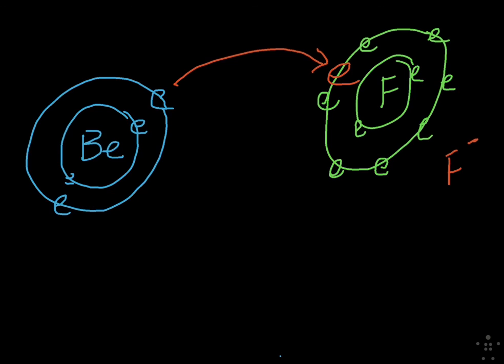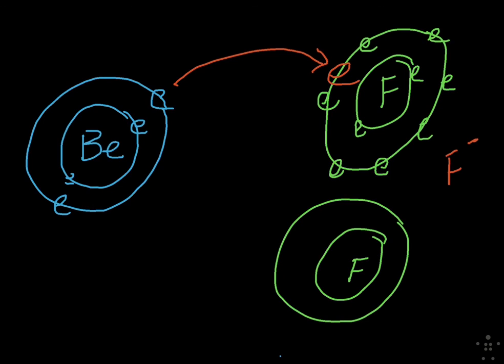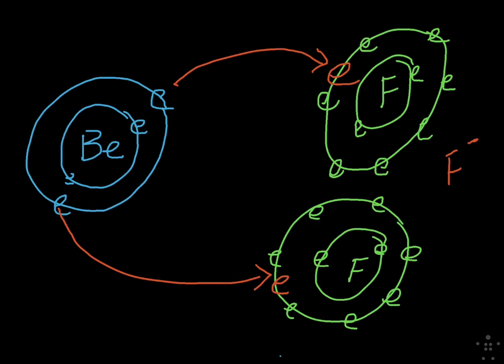So what happens is, instead of bonding with one fluorine atom, beryllium just finds another one, or fluorine finds beryllium, and takes that other electron off his hands. So now that fluorine is negatively charged.